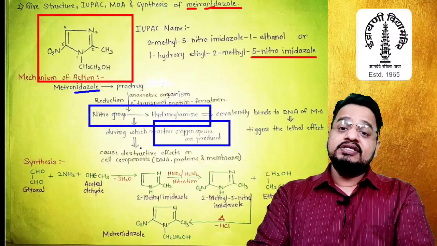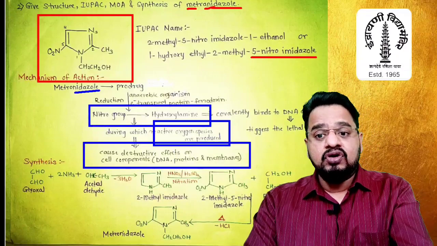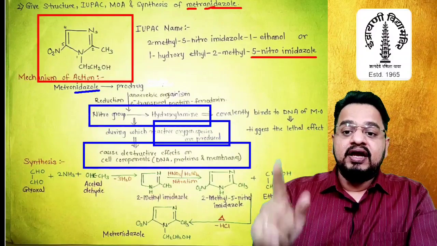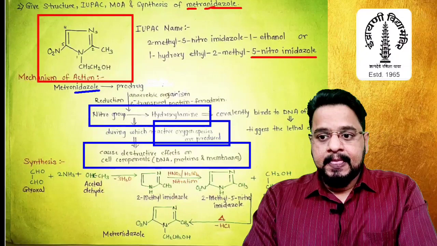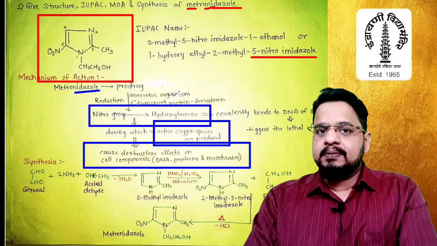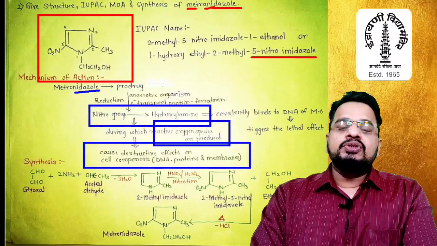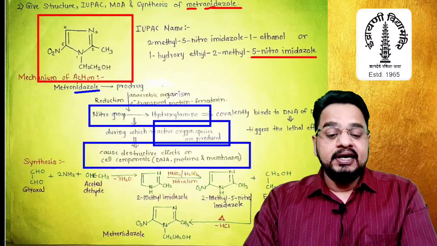What this reactive oxygen will do is cause a destructive effect on the cell components, that is the DNA, proteins and even the membrane protein. It destroys them. So this is the mechanism of action for metronidazole.